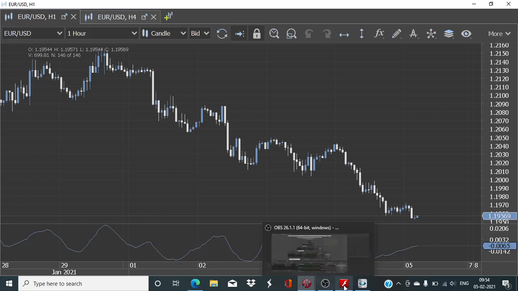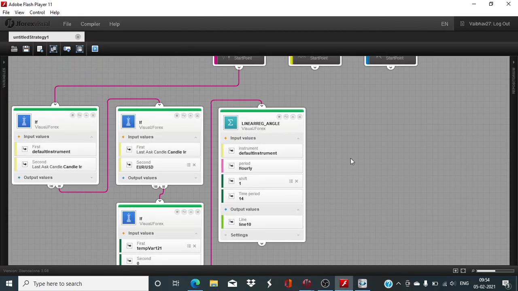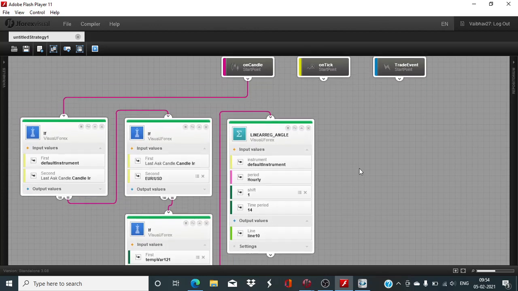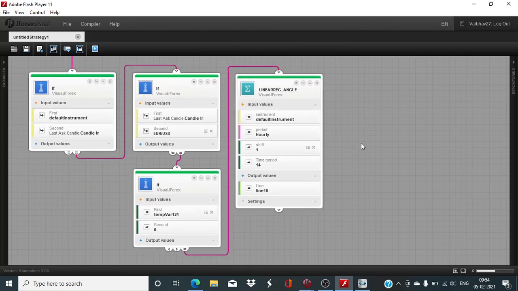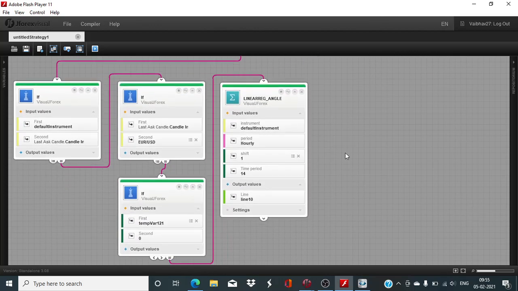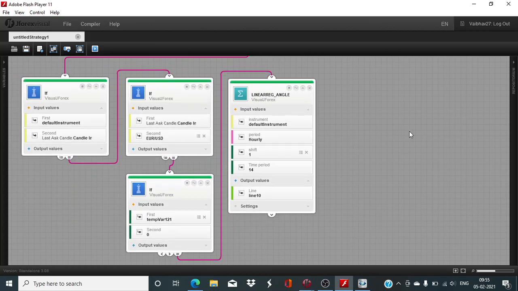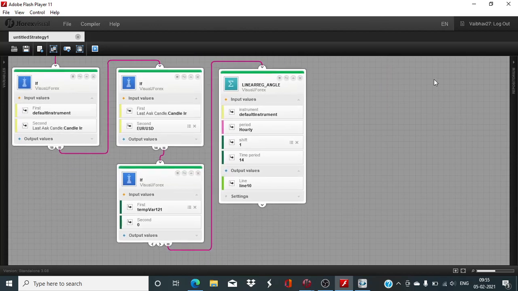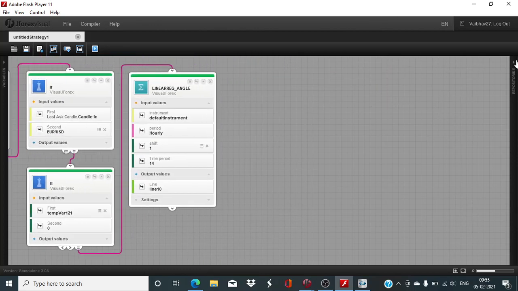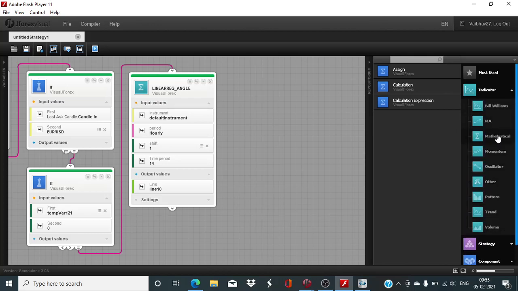And we now head back to the Visual JForex platform. Here I will add the indicator block, not blocked, sorry.